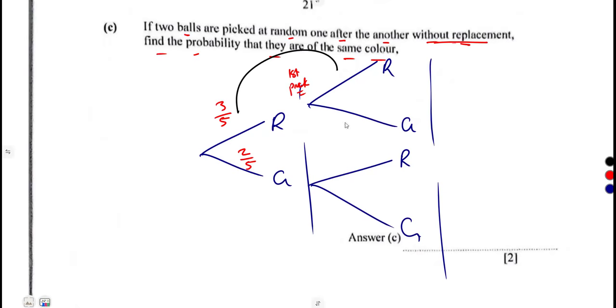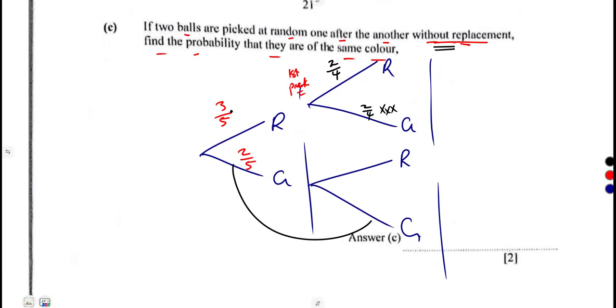You can just focus on that, or you can fill in the rest. So 3 over 5, you pick again, you are going to reduce from that. So that's 2 over 4. Remember, without replacement, the total is affected, but green is not affected. The 2 over 4 is not important, because we do not need it.